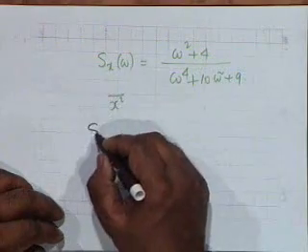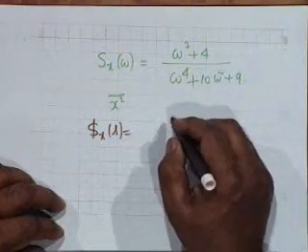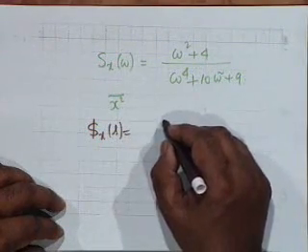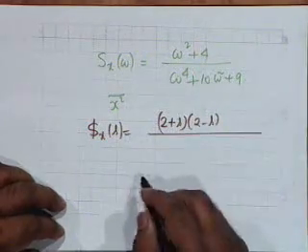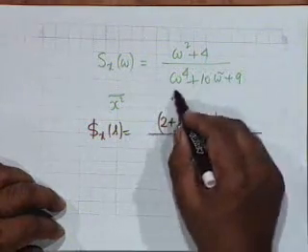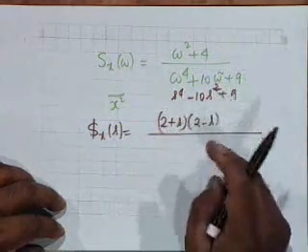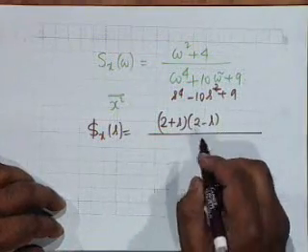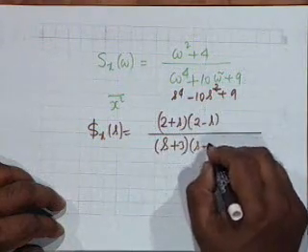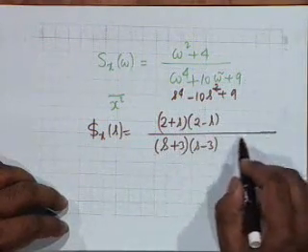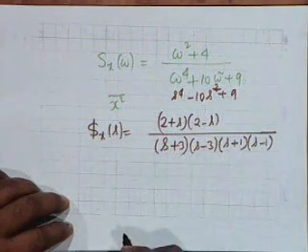Okay, so the first thing that we do is we find Sx of s, which you can see is 4 minus s squared, and therefore 2 plus s times 2 minus s, divided by s to the 4 minus 10 s squared plus 9. So s squared minus 9 and s squared minus 1, and therefore I shall have s plus 3, s minus 3, and then s plus 1, s minus 1.